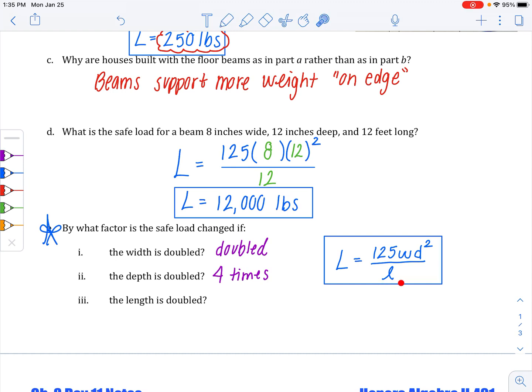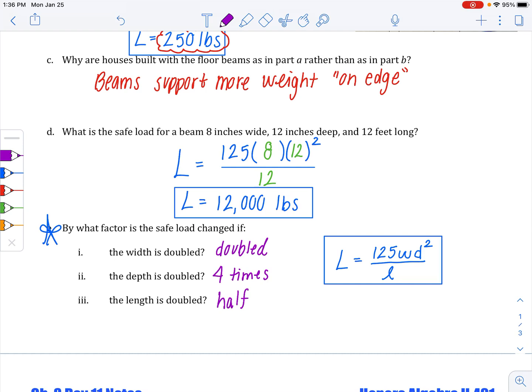What about if the length is doubled? Notice the length is in the denominator. You're dividing. If the right side is divided by a factor of 2, well, the left side will be divided by a factor of 2. Or you can say it will become half. The right side is cut in half, the left side will be cut in half.